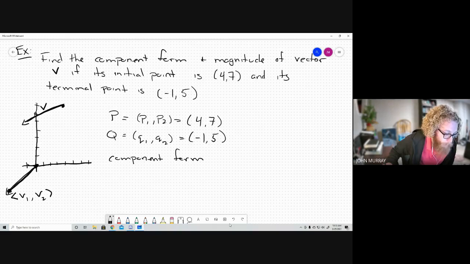So for the component form, I'm going to find each one of these separately. So v1 is the difference in my Q1 and P1. So -1 minus 4 gives me -5.